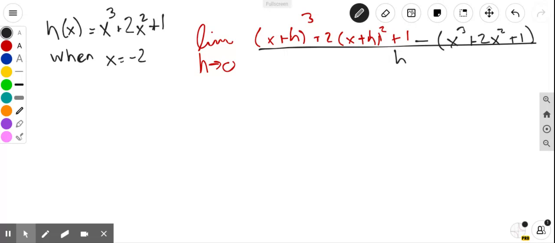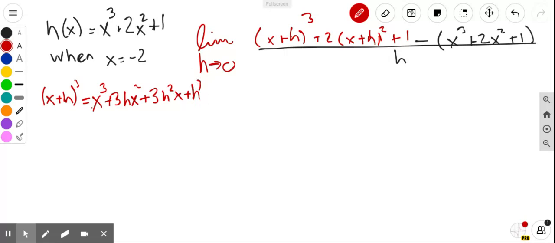Okay? So we're just going to have to expand this, and I'm going to go ahead and tell you that x plus h cubed should equal x cubed plus 3hx squared plus 3h squared x plus h cubed.